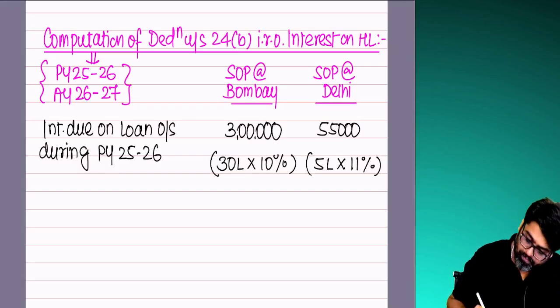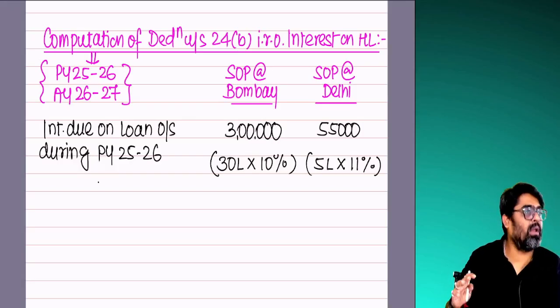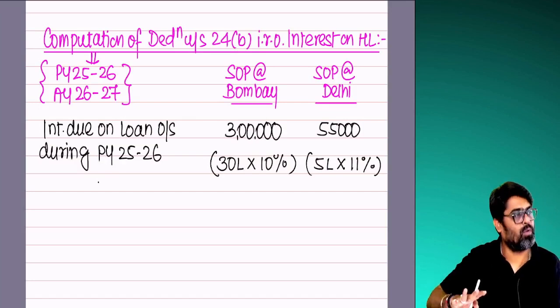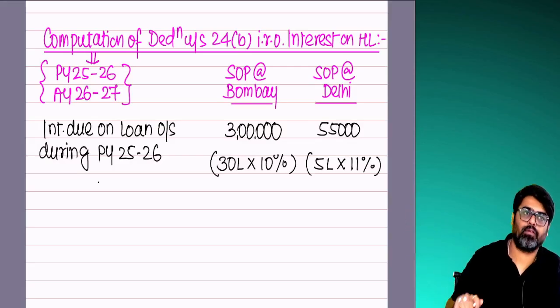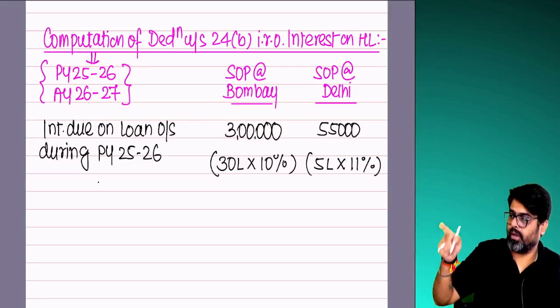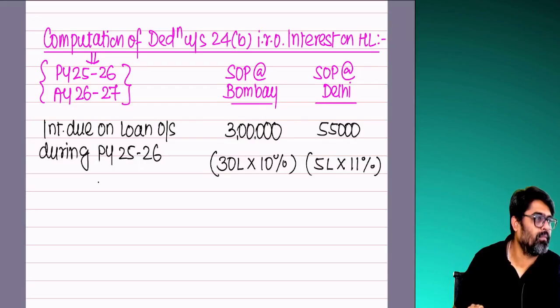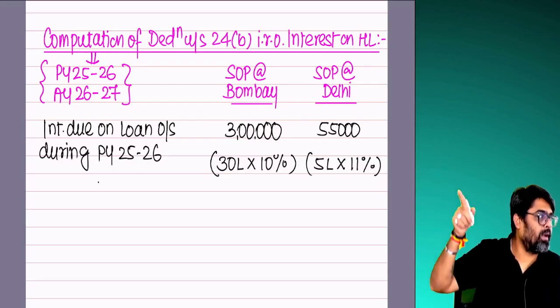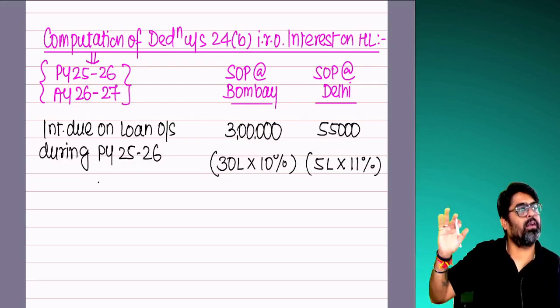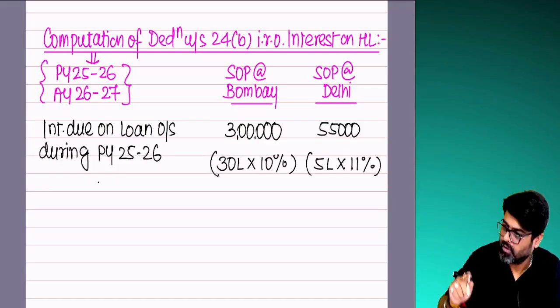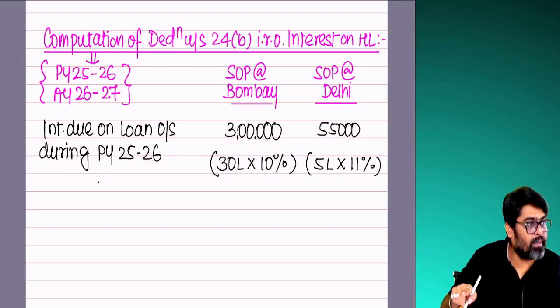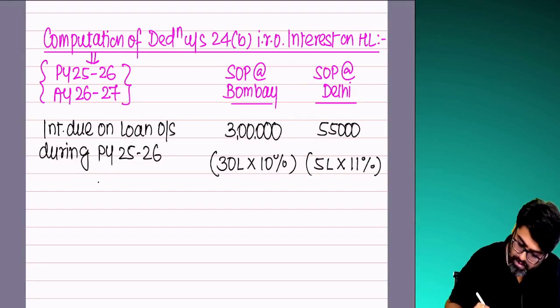Now tell me, this interest is due for my previous year. But it is due for SOP, due for SOP. This interest will be allowed fully or subject to limit. So this interest I am supposed to claim subject to limit. So maximum limit is how much?